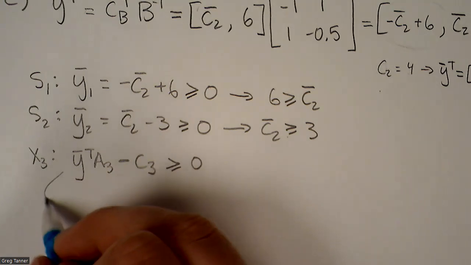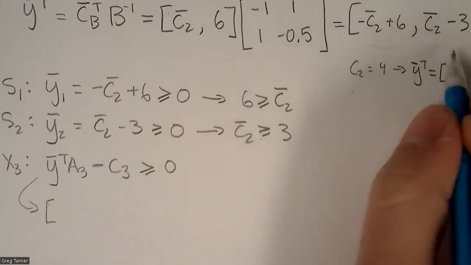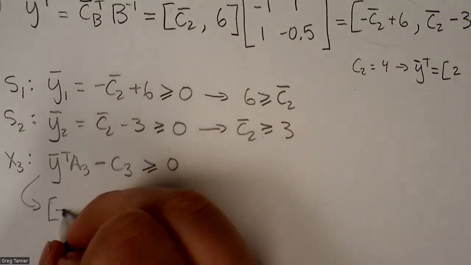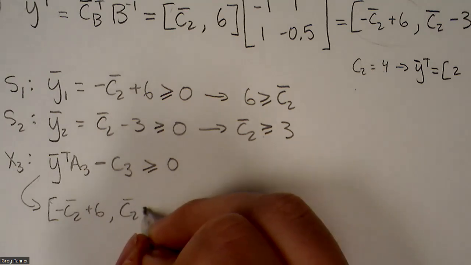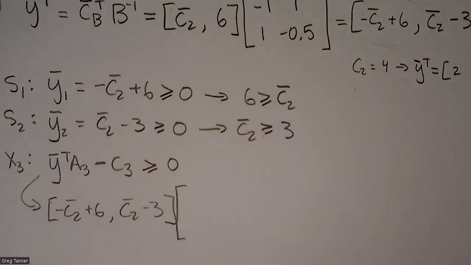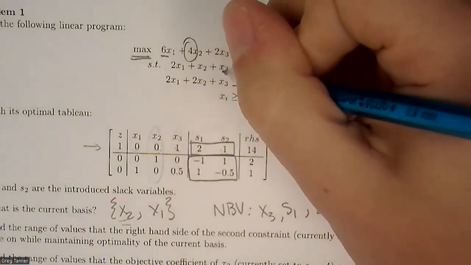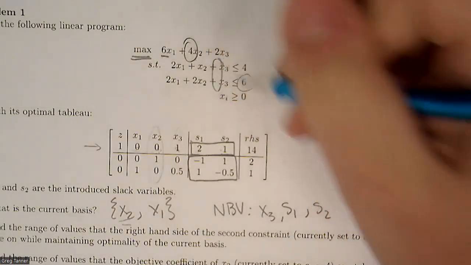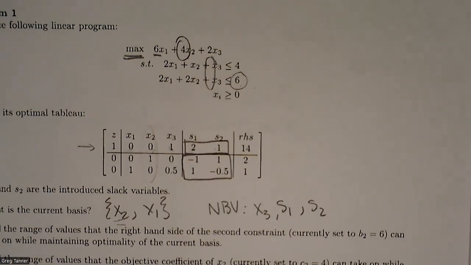So let's go ahead and set this up. We'll have these entries up here: negative C2 plus 6, C2 minus 3. We're going to multiply by the third column of the A matrix, so let's look back at our original problem and at the coefficients of x3 there. In this case, there are no coefficients written in because those coefficients are exactly 1.